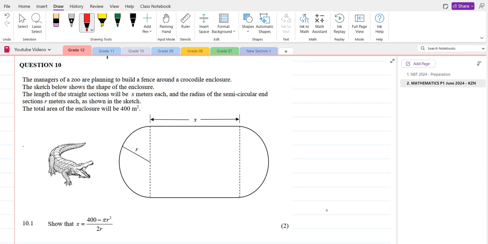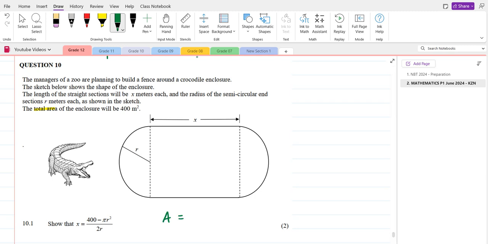As shown in the sketch, the total area of the enclosure is 400 meters squared. Show that x equals this whole thing over here. So we know the total area is this, right? So let's write down area.